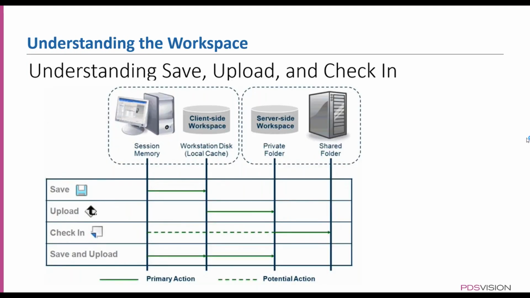And then this is how the workspace actually works. The important bit at the top here is you have this workspace, but in the background it's sort of split into two. They call it a client-side workspace and a server-side workspace. And the reason for that is performance. So if you're opening something in the Windchill system, it takes that file and pushes it from the server-side workspace into the client-side workspace, which is locally on your PC.